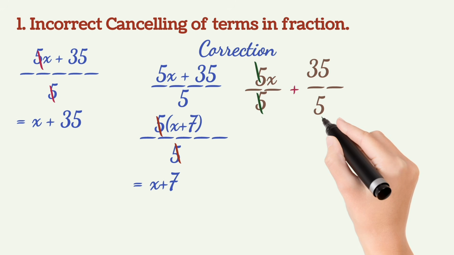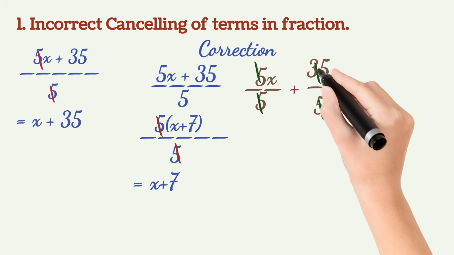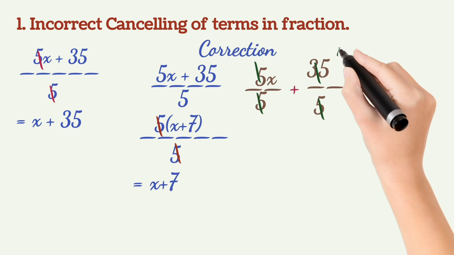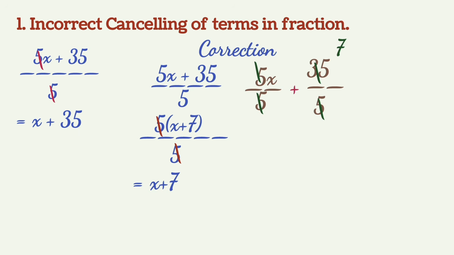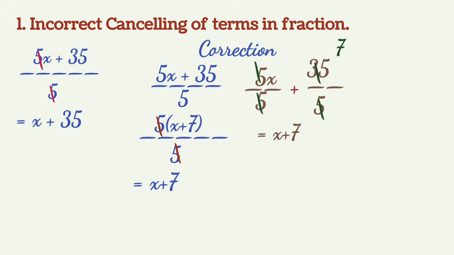And next, 5 1s are 5 and 5 7s are 35. Very easily you can do it. So your correct answer is again x plus 7. I think now your concept is clear. You will not repeat this mistake again.